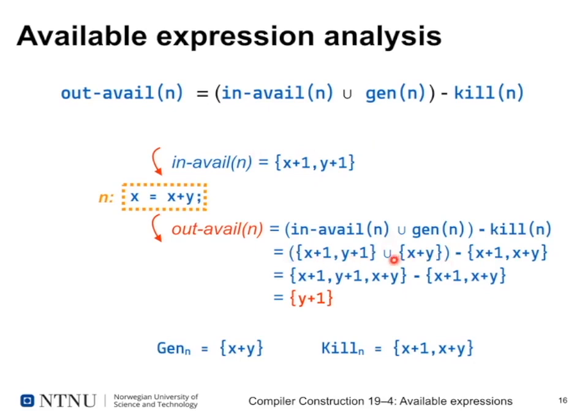We're joining x plus y, and then we immediately kill all the ones containing an x, so x plus 1 and x plus y again, and of course we're left with y plus 1. Okay, so it's not that difficult as you see, and it's rather straightforward to implement in a compiler, considering you have the right pieces of information provided in your intermediate representation of the instructions or basic blocks you're looking at.